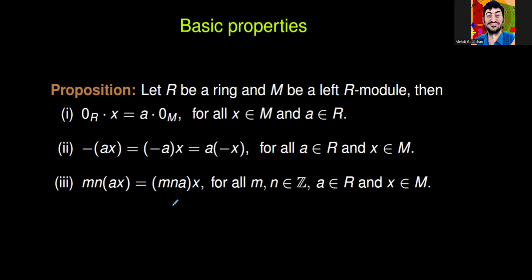And the third one is m times n times (a times x), which is equal to (mn times a) times x, and it's true for all integers m and n, a in R and x in the module M. So let's prove it one by one.